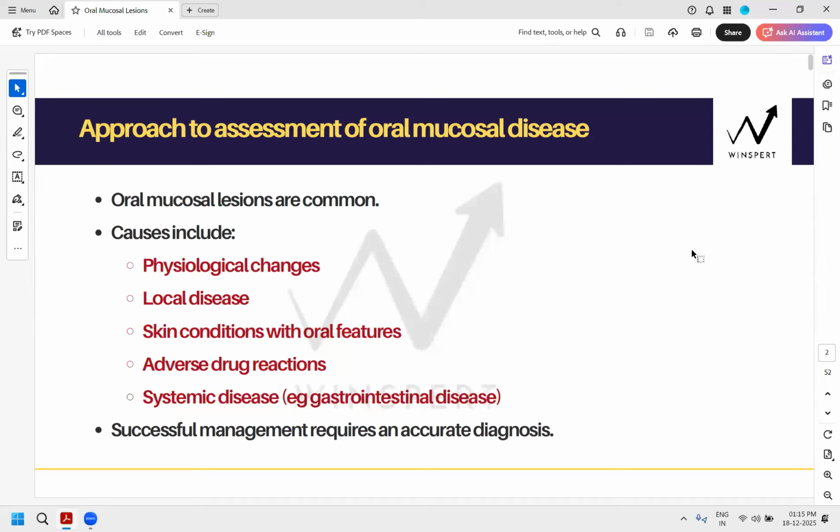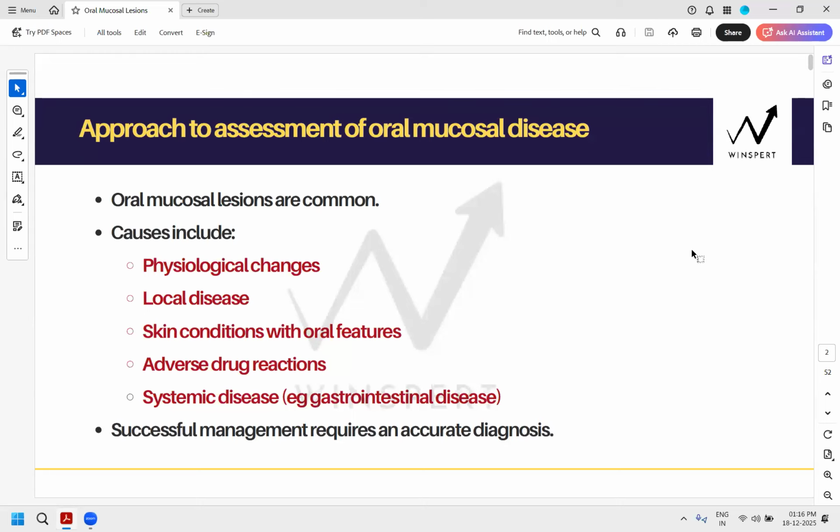You must be aware of all these features, and you should be aware of the drug reactions that can lead to that, and systemic diseases that can lead to that. If you are aware of the possible causes, the physiological changes, or a local condition, or a skin condition which has an oral manifestation, sometimes a reaction to a drug can also cause that, or any systemic condition like a GI disease, which can give you the oral manifestation.